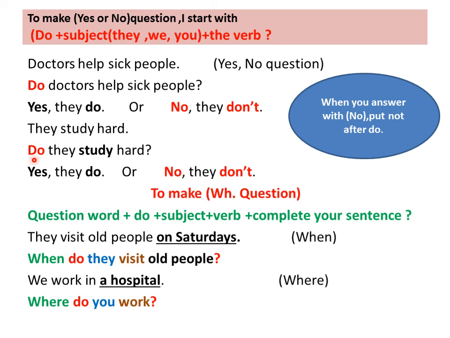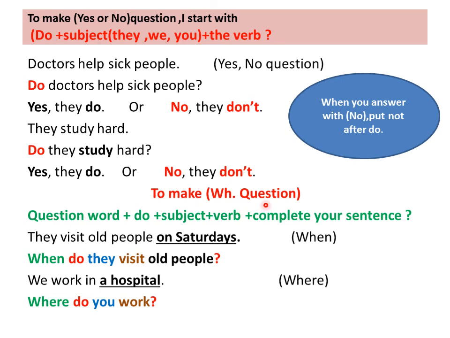So do. The subject is they. Do they study hard? Yes, they do. Or no, they don't. So what kind of question is this one? It's a yes or no question.